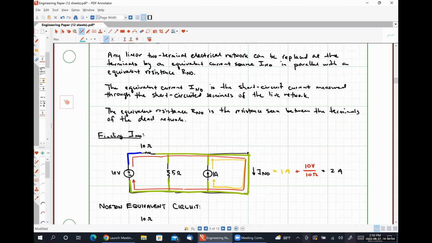For your homeworks and things like that, you're usually told which terminal to consider the positive polarity terminal when determining your Thevenin voltage. So you typically are told a reference polarity, and you're also typically told a reference direction for your Norton current. I make sure to do that on the exams as well. Was that a sufficient explanation, Sarah? All righty.